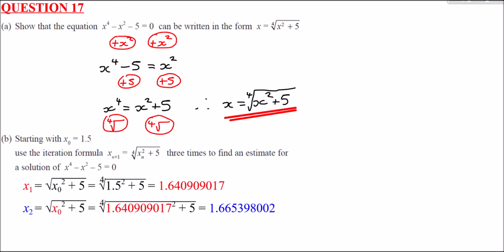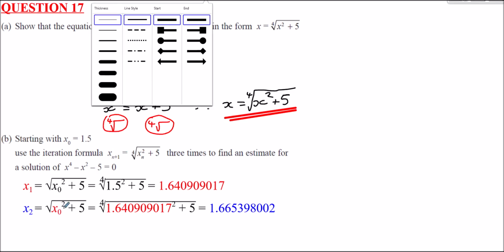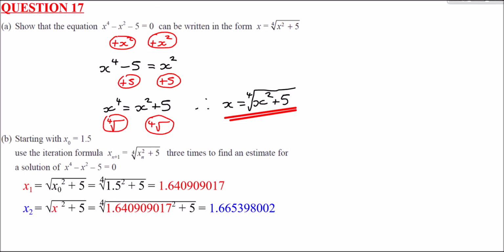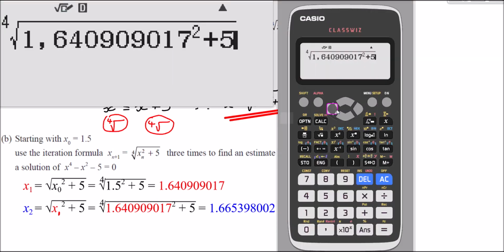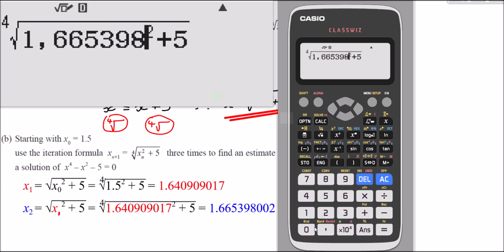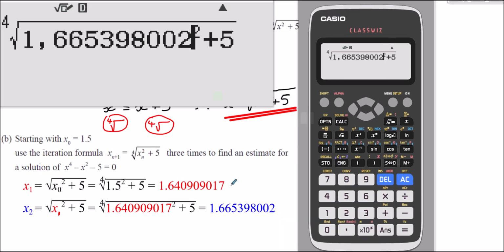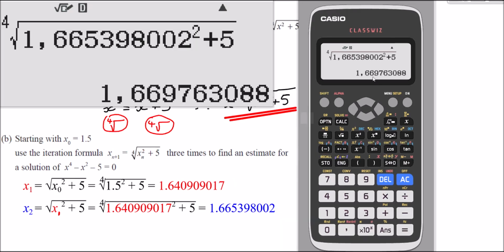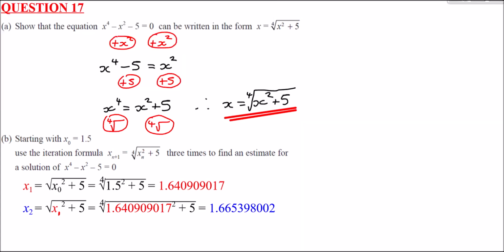Now the final one, x subscript 3, will be the fourth root of x subscript 2 squared plus 5. Whoops, that's meant to say x1 squared, I do apologise. That should say x subscript 1. So for the next one, we just use this value here. If I go back on the calculator and type in this now, instead of 1.64 and all that, 1.6653980002, press equals, we get 1.6697 and so on.